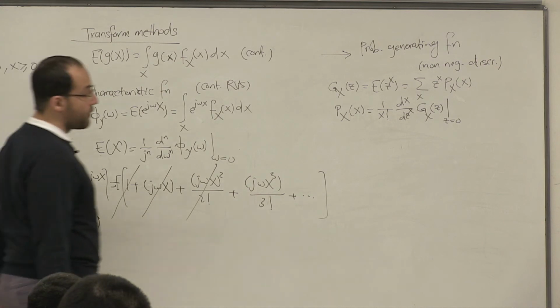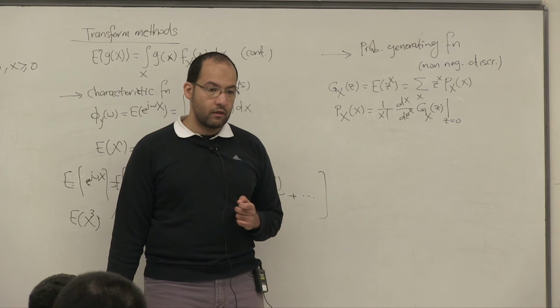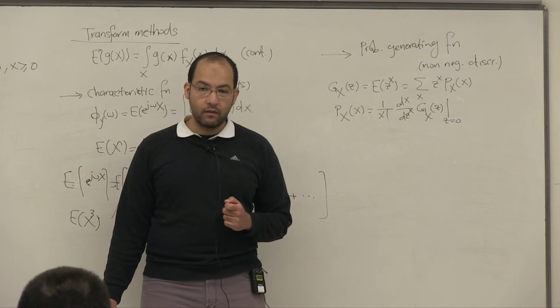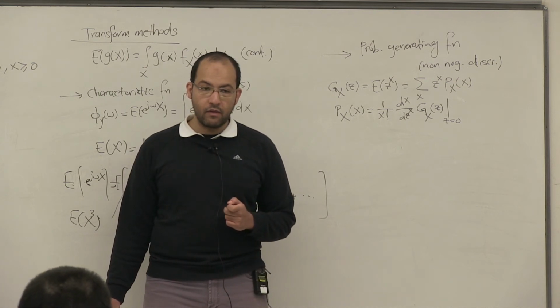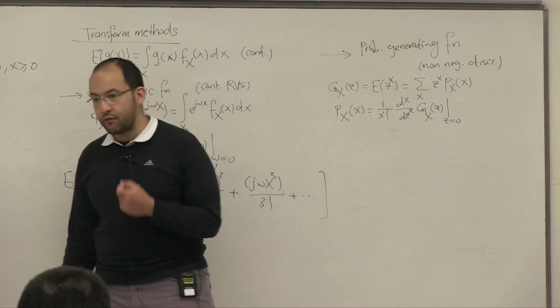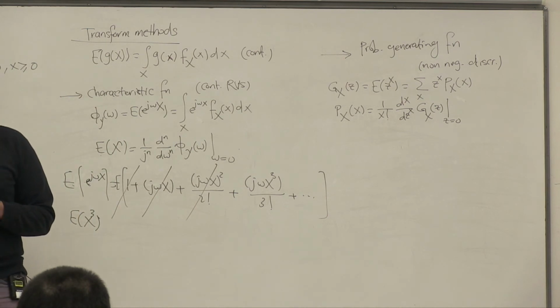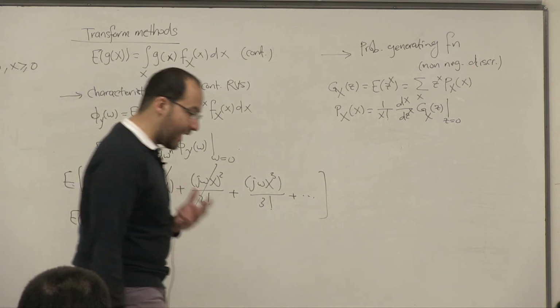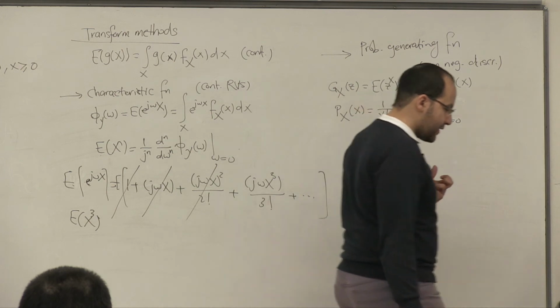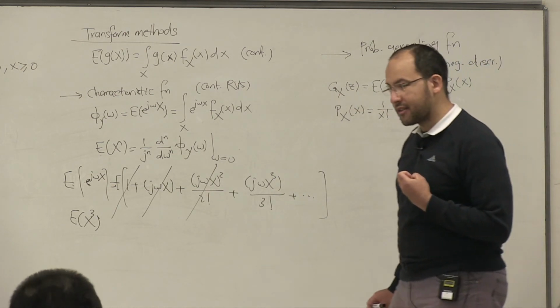Is the z transform in general a discrete function? Is the discrete Fourier transform in general a discrete function? No, absolutely not. When is the case where the discrete Fourier transform will end up giving you a discrete function?